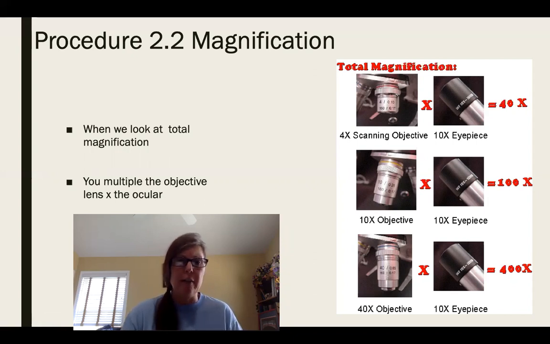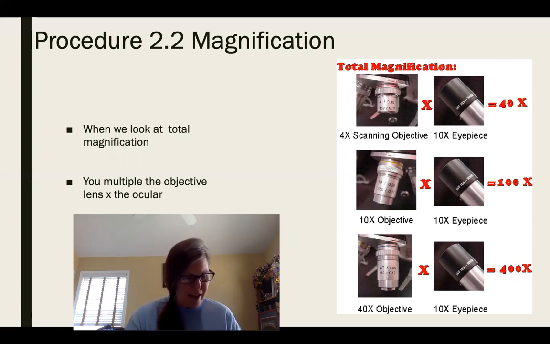So that's 100 times magnification. Again, you'll center it, find focus, and then we'll move up to the 40x objective. Now the 40x is the high power. So with the high power, we are then magnifying 400 times. So that is how you calculate total magnification.